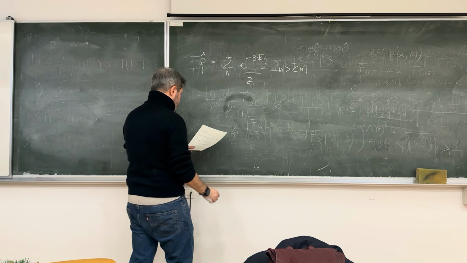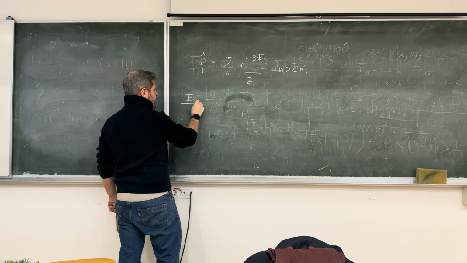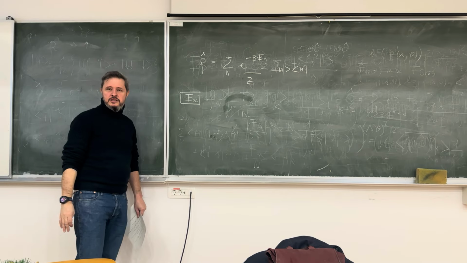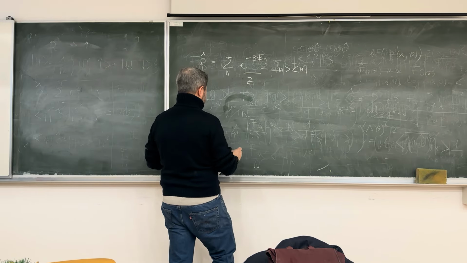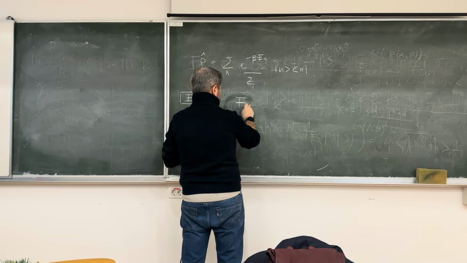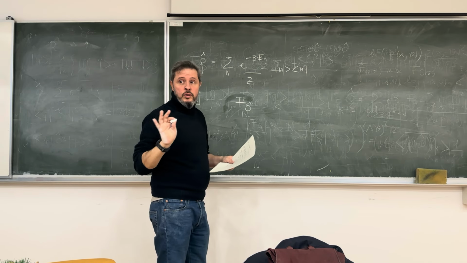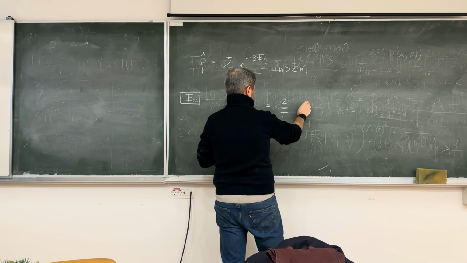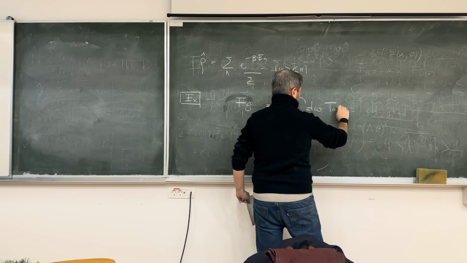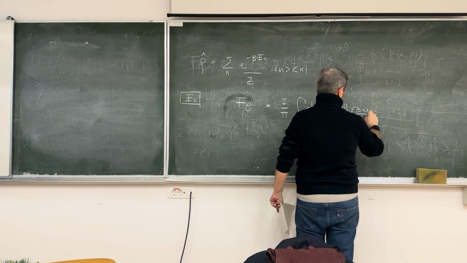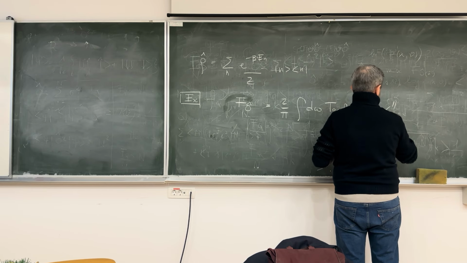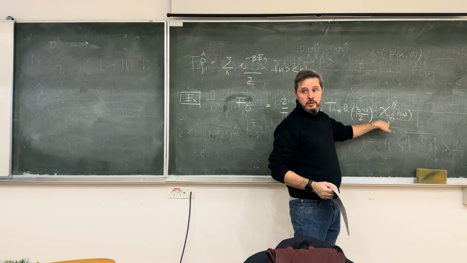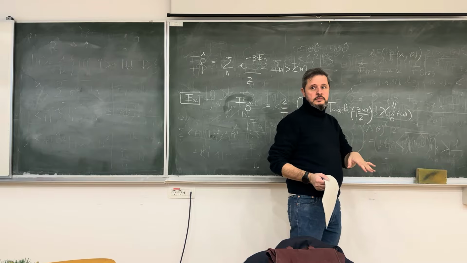Right. In this case, and I leave it to you as an exercise, because people wrote a PRL about this not many years ago, but it's really a very simple exercise, I leave it to you to prove that the Fisher information associated to an operator O for this density matrix is going to be equal to 2 over pi integral d omega tanh of beta omega over 2 times the imaginary part of the response function, the Fourier transform of the response function of the operator O. The one we wrote this morning, okay?